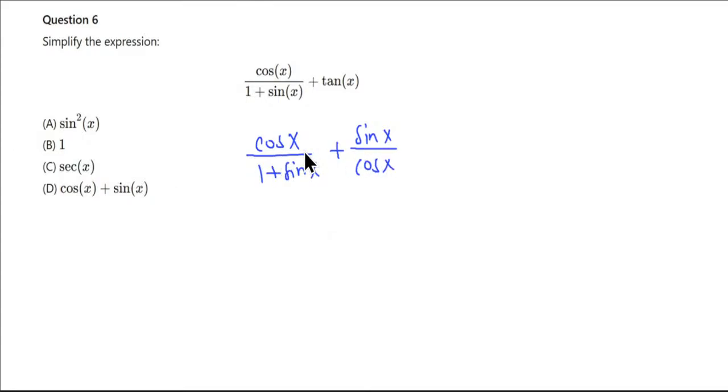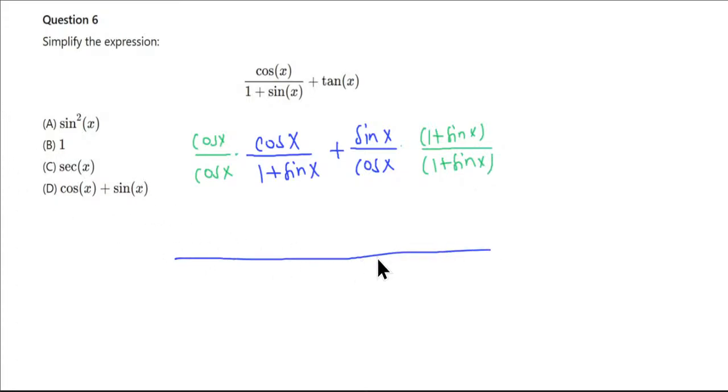I want to add these two, so I would like the denominators to be equal. So I will multiply and divide the first guy with cos x, and I'll multiply and divide this thing with 1 plus sine x. Okay. So over here, I will now have a common denominator.